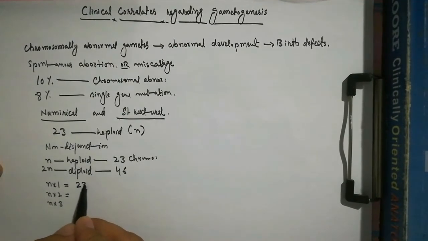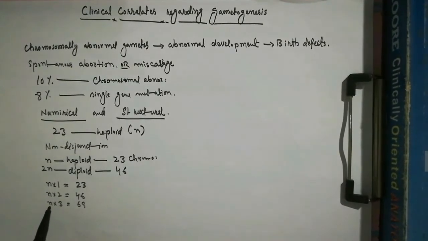Here 23, 46 and here 69. 23 chromosome number is euploid, 46 is euploid, 69 is euploid. When chromosome number is equal to n times 3, when chromosome number is 69, this is called triploidy.